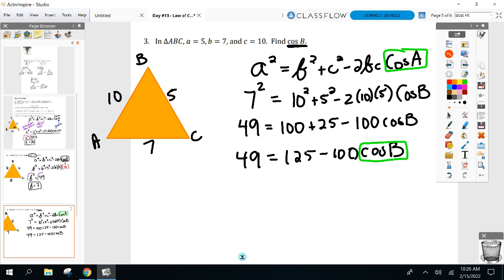Move the 125 over, and then take the negative 100 cosine B and move it over, so that you have 76 equal to cosine B. I'd like to keep this right where it is and move everything else out of there. You're fine where you are, but I always like to keep this where it is and move everything else over. How do I get the 125 over? Okay, subtract 125.